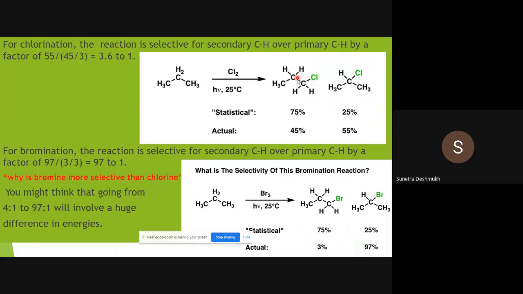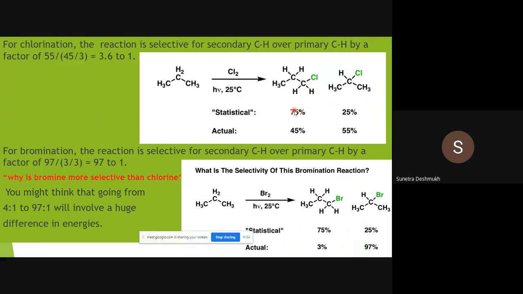Here you can see the formation of the primary free radical first, and that primary free radical reacts with the chlorine free radical. In that way we get the primary halide compound as one product, and the second product is the secondary halide. So how can we decide which compound is major and which is minor?